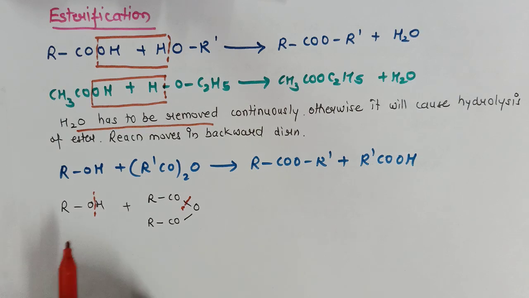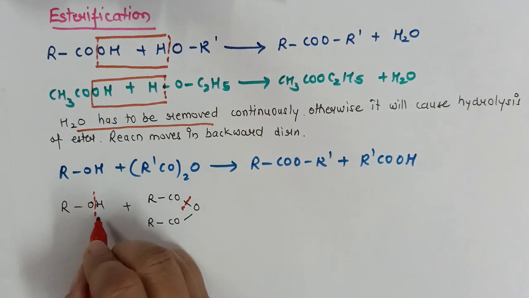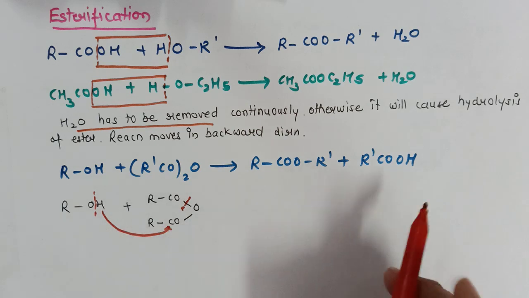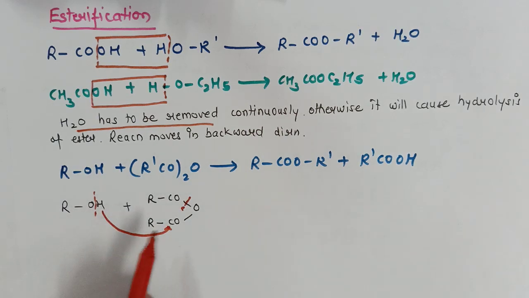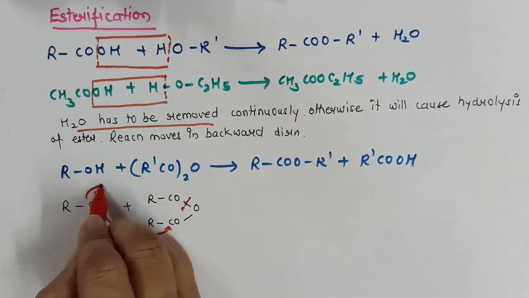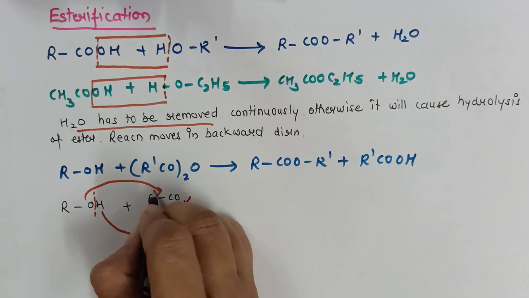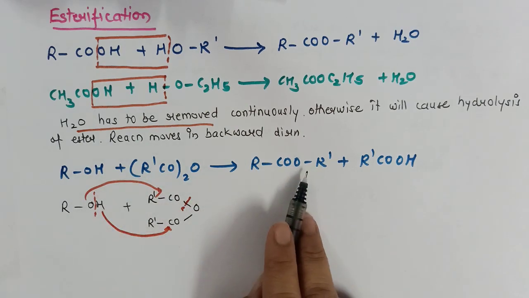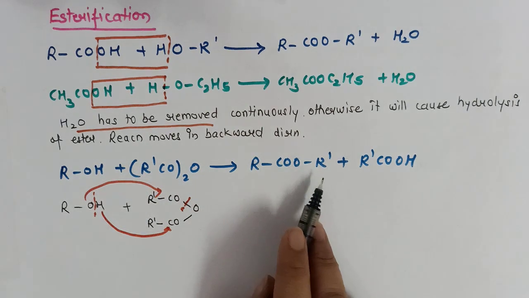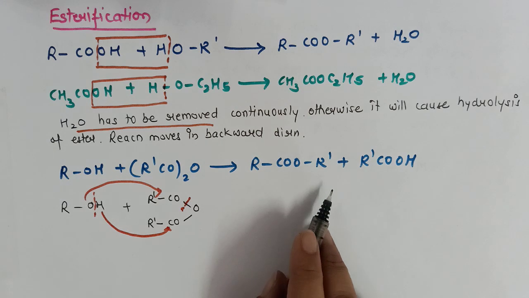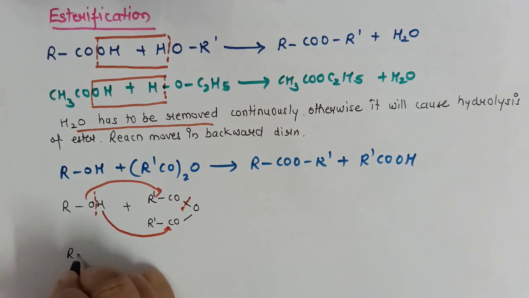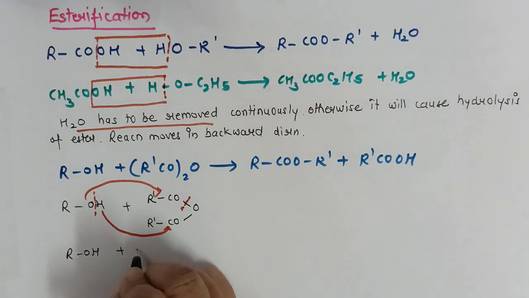So this OH part goes here, forming acid RCOOH, and this RO part goes to this part, forming ester.